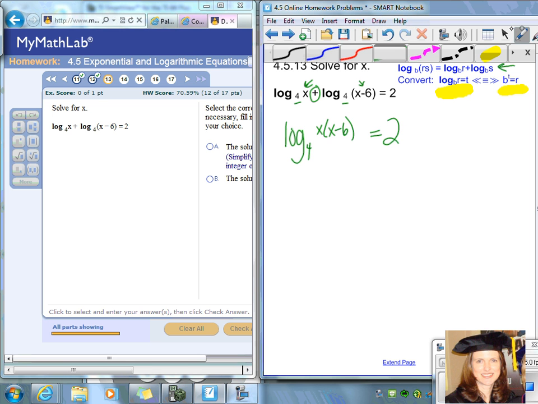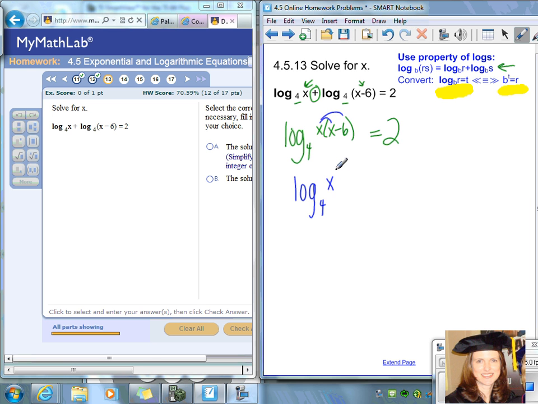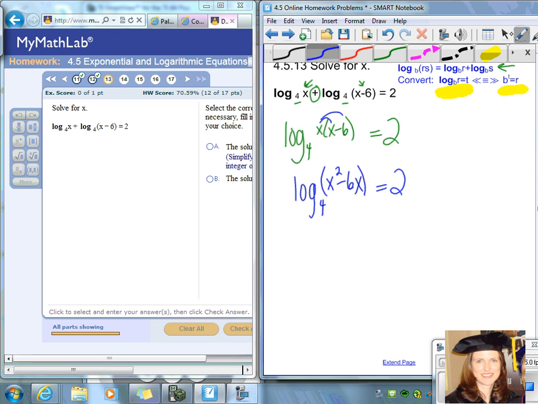Now this is the same thing as log base 4 of x times x minus 6. If you distribute the x, you get x squared minus 6x, and all of that equals 2. Now it's in the form of a single logarithm where the base is 4, the argument r is all of this, and the exponent t is 2.